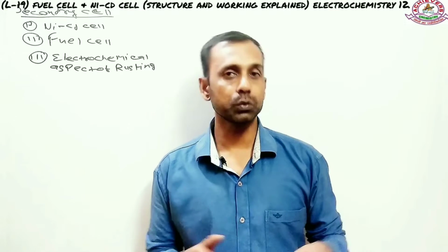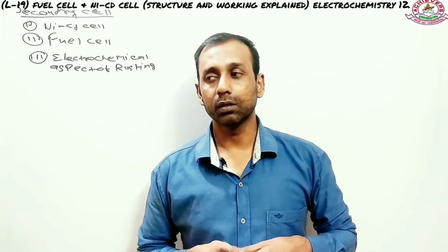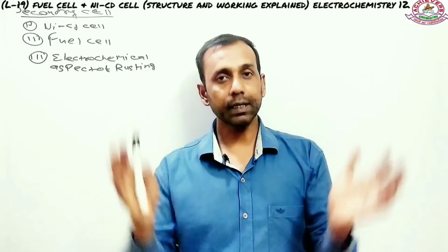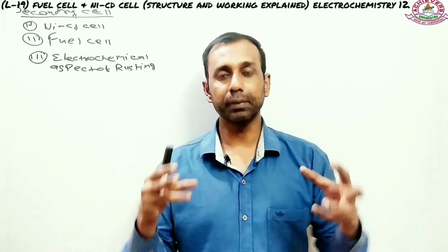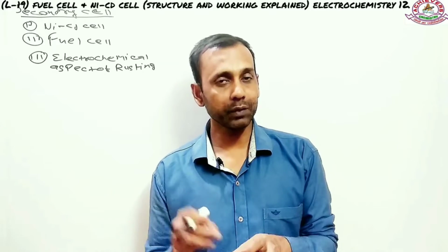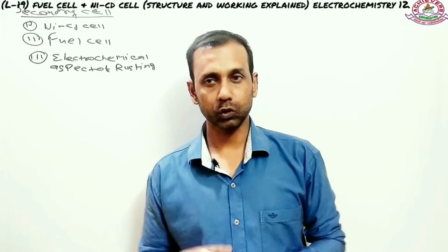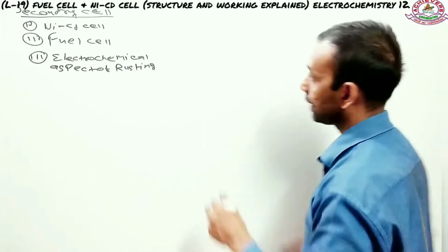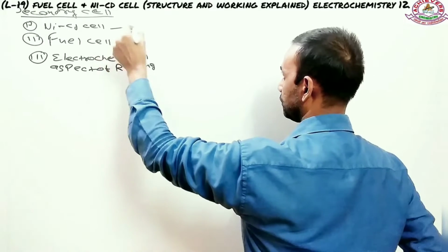We have to study the entire complex mechanism of the reaction in a very simple way, and that simple way is its redox reaction. So I'll tell you what a nickel cadmium cell is and how it works.